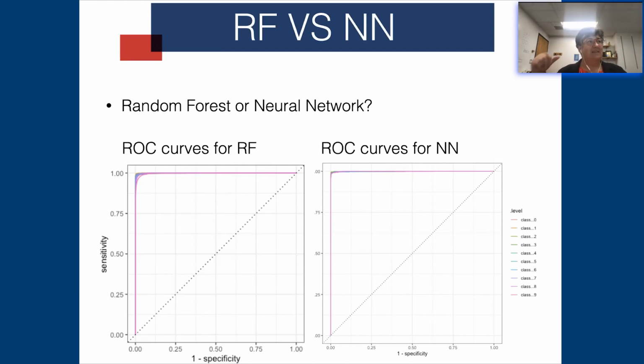You can see that the neural network is really good. The neural network is a little bit better than the random forest. So we're getting a little bit closer in the top left corner of the ROC curve. So we're closer to perfection for the neural network.